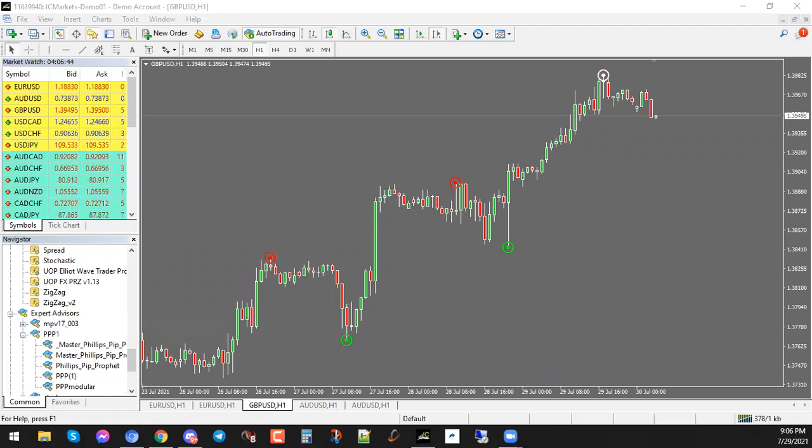So let's go straight to our chart. We'll be using the MetaTrader 4 platform this evening. As you can see here, I have a chart outlined for you. It's the British pound US dollar, but we don't have to use this one. So let me know which pair you'd like me to take a look at. Just give me a pair and we'll work with that.